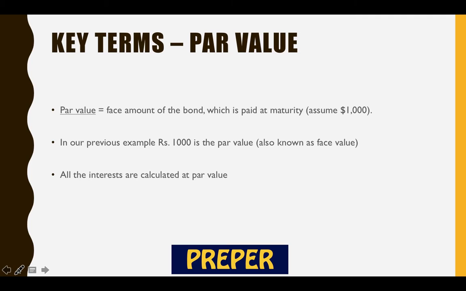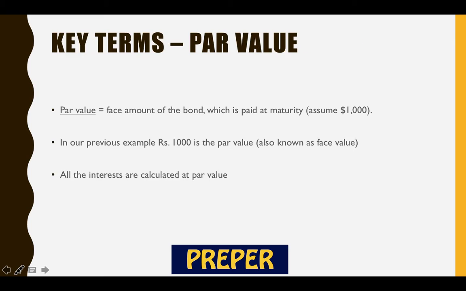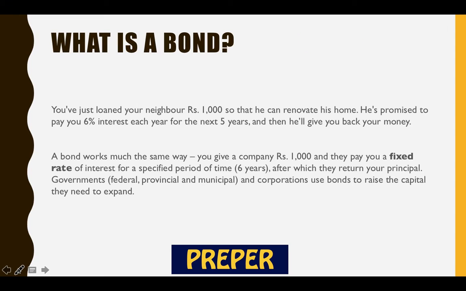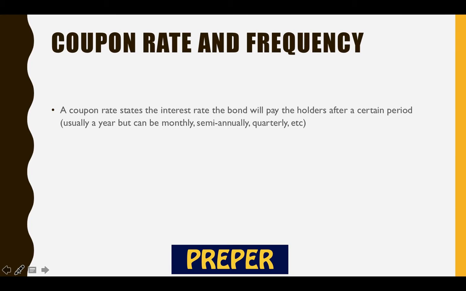All the interest is calculated on par value. So all the interest for any purpose is calculated on par value. Coupon rate and frequency. Remember we quoted a rate of interest in this slide, 6%. So 6% is the coupon rate. The coupon rate states the rate of interest the bond will pay the holder after a certain period of time.